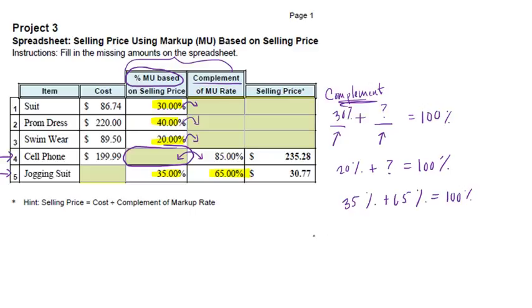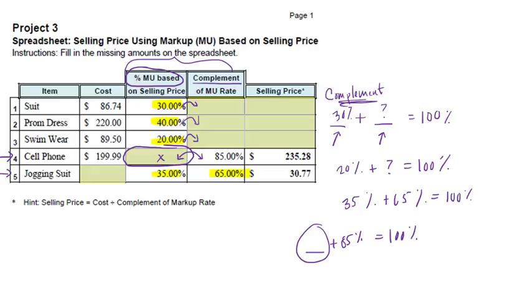So you can use that same complement method and say what plus 85% equals 100%. Okay, and whatever that number is will be your answer here. So those middle columns are all about complements, and those boxes side by side, each of them when added together should equal 100. So that's our percent markup based on selling price, and that's our complement of markup rate.